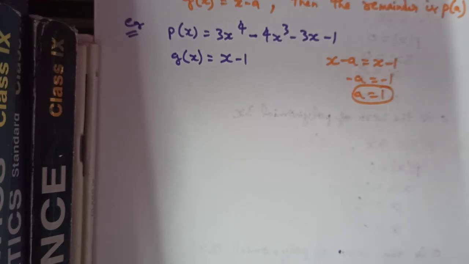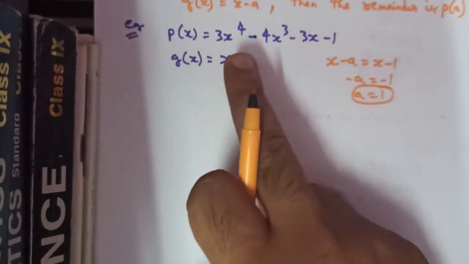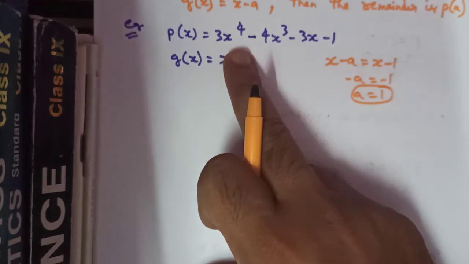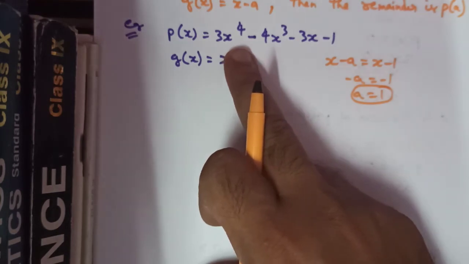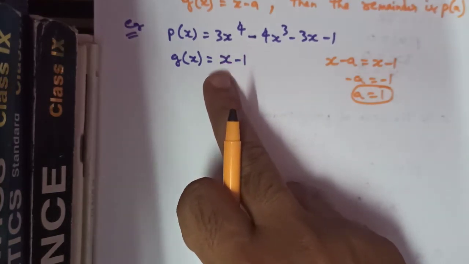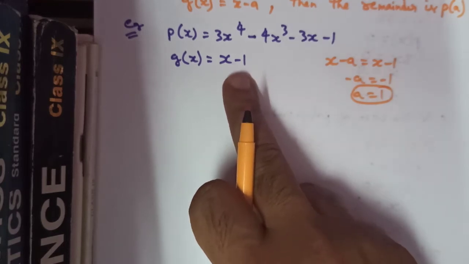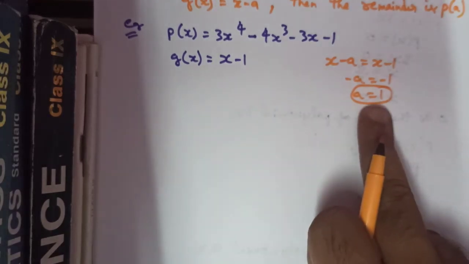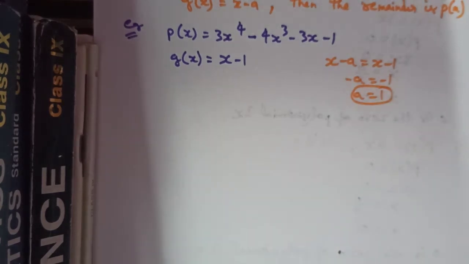The condition is that the polynomial p(x) should be a polynomial of degree 1 or more than 1, it is satisfied, and it is divided by x minus a, where a should be a real number. Here in this case the value of a is 1, which is a real number. Now we can apply the remainder theorem.